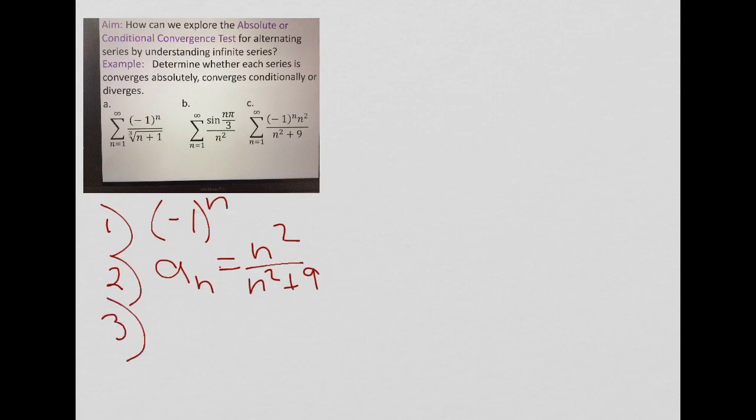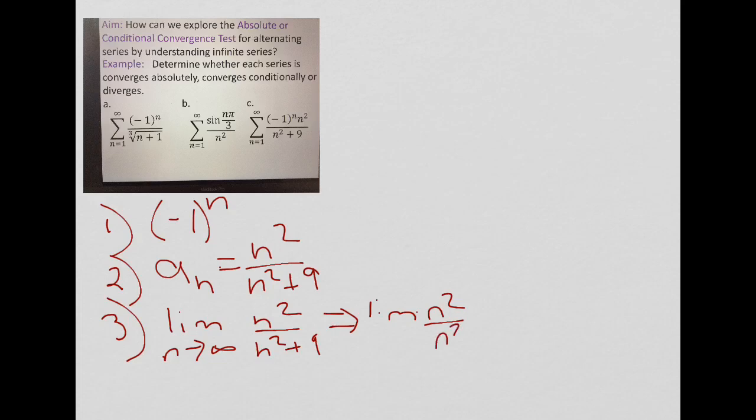Now, if you take a look at this one, we have to make sure it meets both conditions. So if I take the limit of a sub n, I can use the limit of n squared over n squared to do so, and that's 1. That condition's not met.